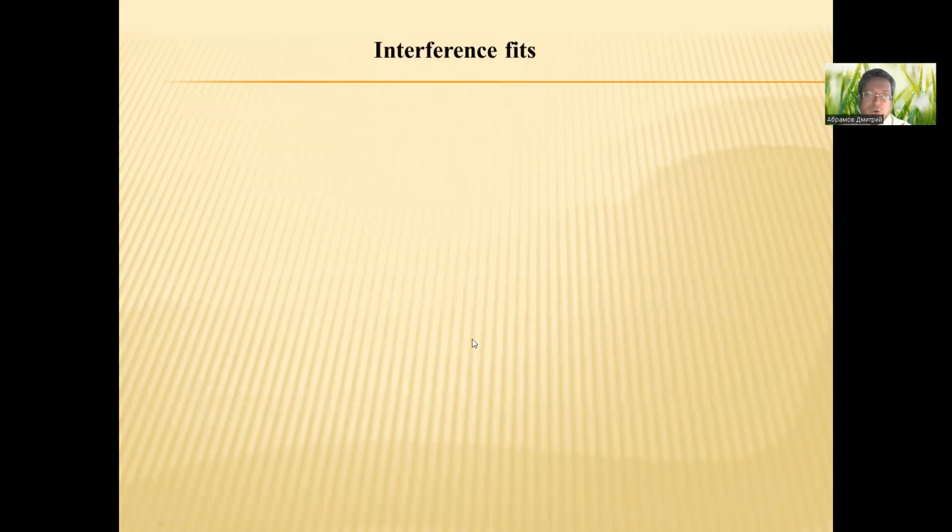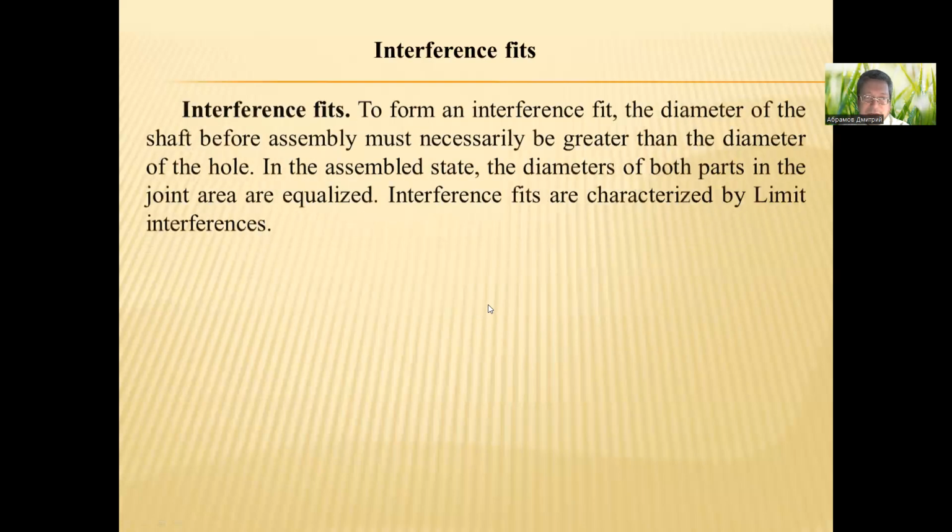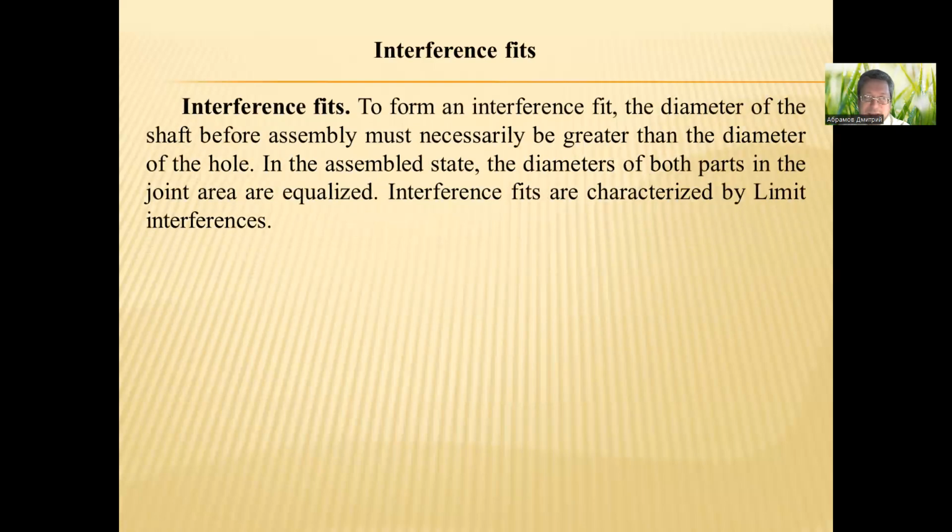Next type of fits, interference fits. To form an interference fit, the diameter of the shaft before assembly must necessarily be greater than the diameter of the hole. In the assembled state, the diameters of both parts in the joint area are equalized.